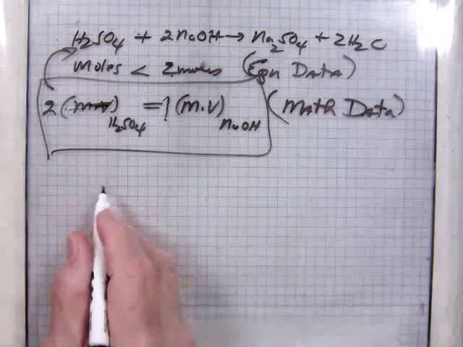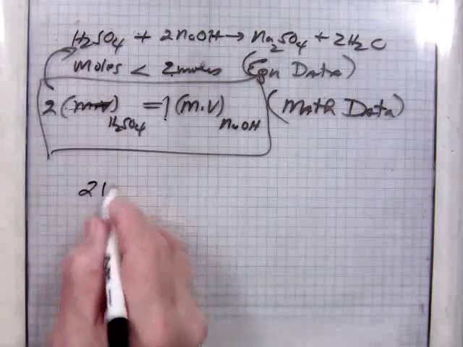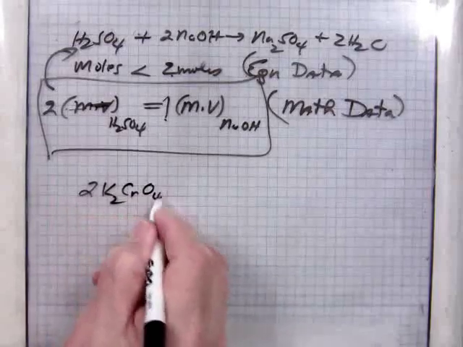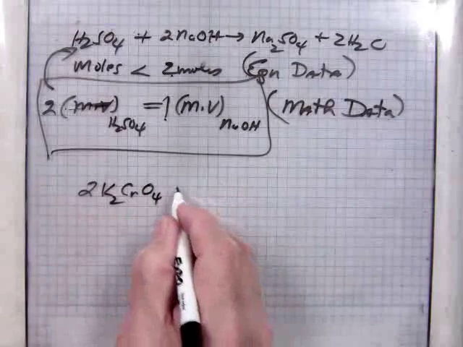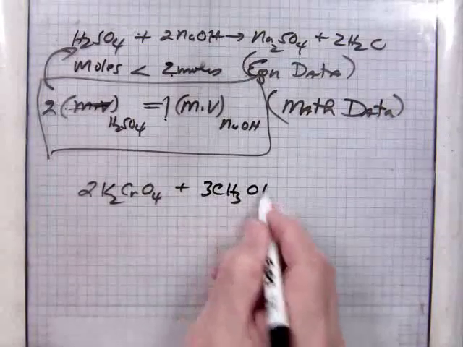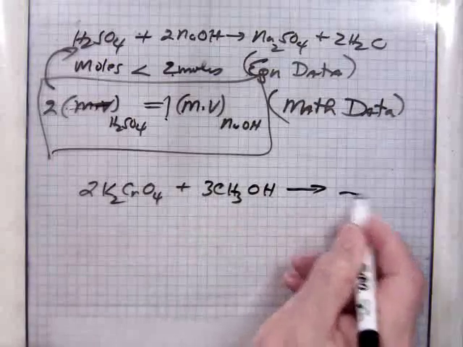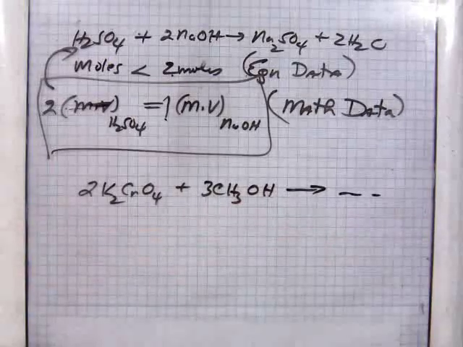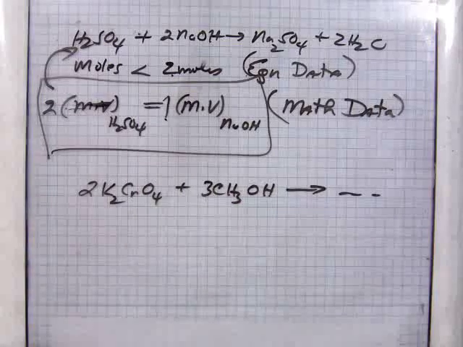So in that equation, you have 2 K2CrO4s and plus 3 CH3OHs and blah, blah, blah. Everything else is irrelevant. So once you find the two reagents in here that are central to that equation, set them equal.